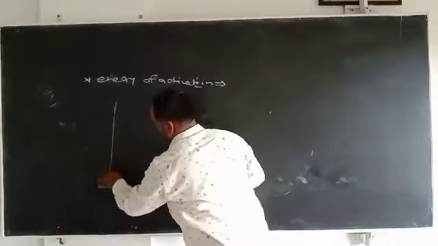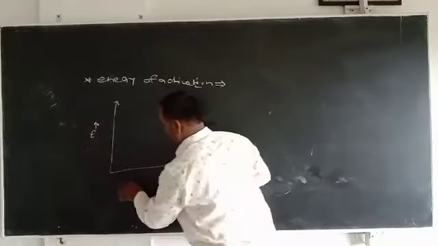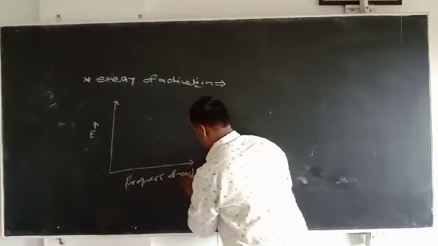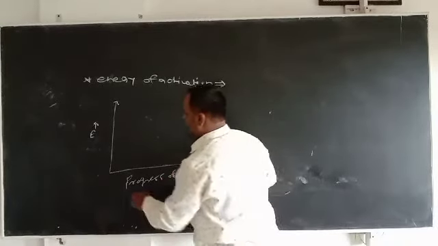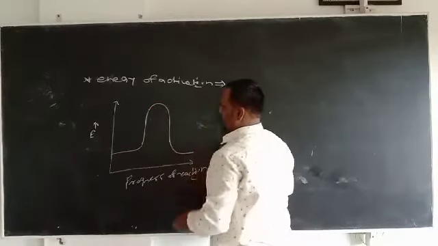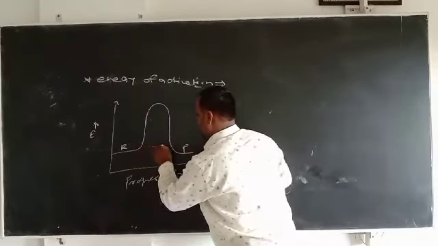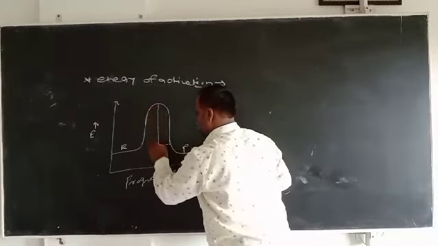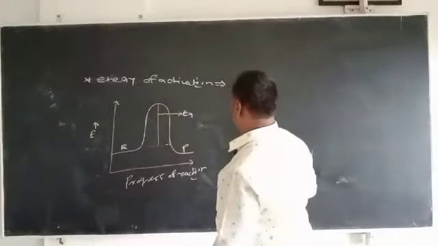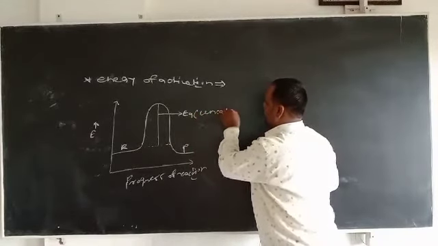If you consider an energy profile diagram, that is energy versus the progress of a reaction, we get such a kind of graph. Here is the reactant, here we get a product, and this much energy which is required is considered the energy of activation in absence of catalyst, that is, the uncatalyzed reaction.